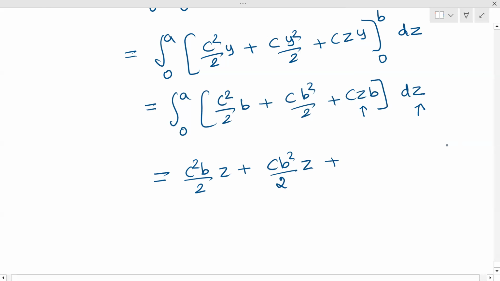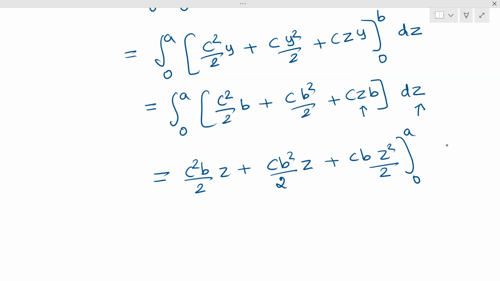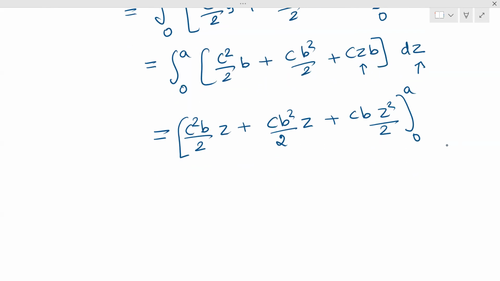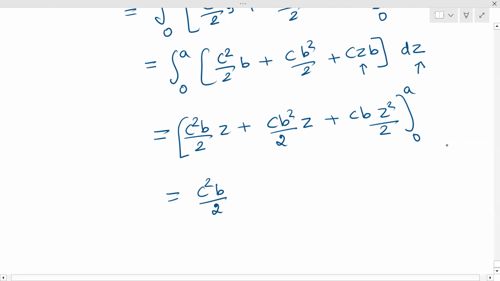The third term is cb, and the integration of z is z squared by 2. The limit is 0 to a. Now we apply the limit for z. So c squared b by 2 a plus c b squared by 2 a plus c b a squared by 2.